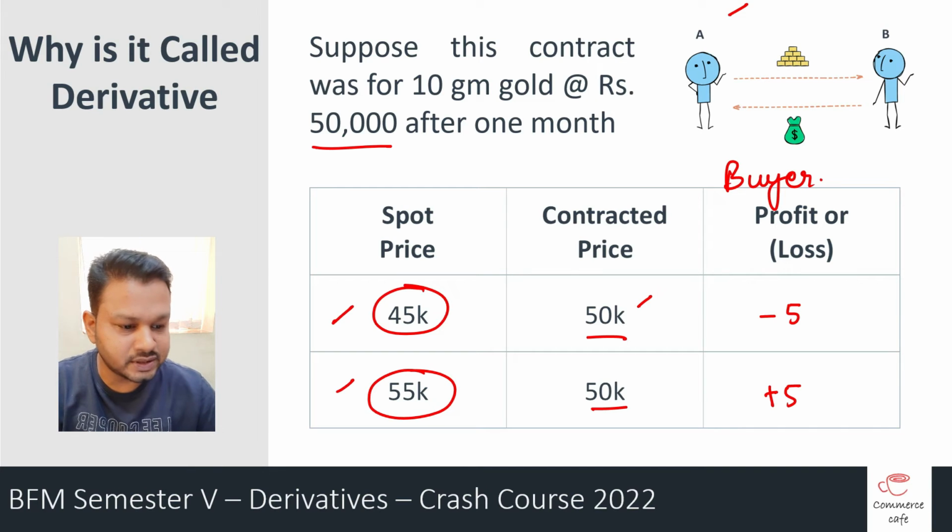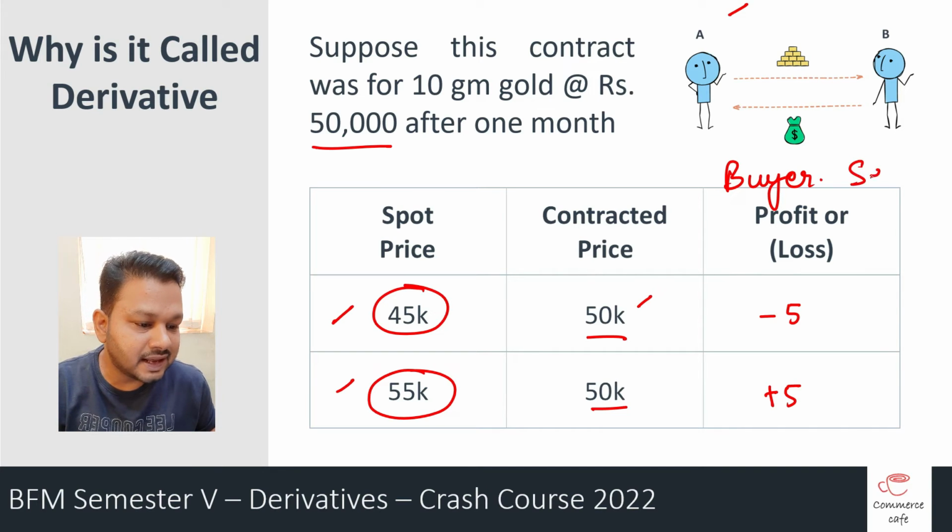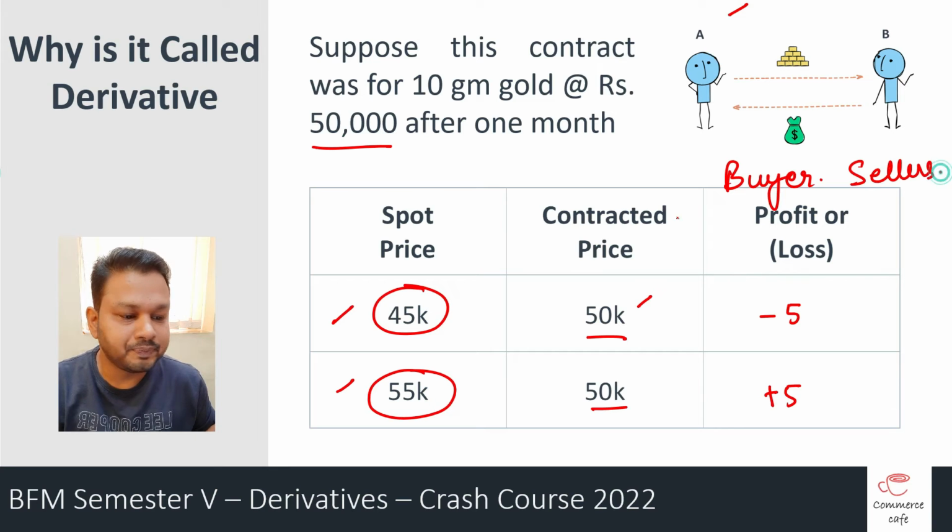In the same situation, if you look at it from the seller's perspective, just for more clarity, in the first situation where the price is 45,000 in the market, he has 10 grams of gold, he can sell it in the market for 45,000, but he is going to give it to you and get 50,000 in return. So the seller is going to make a profit of 5,000.